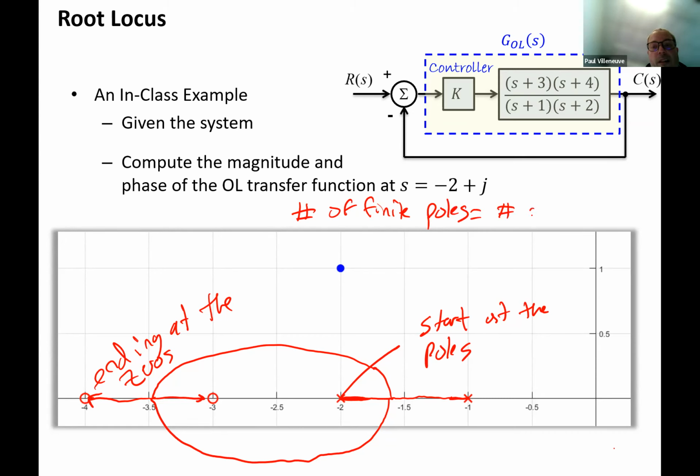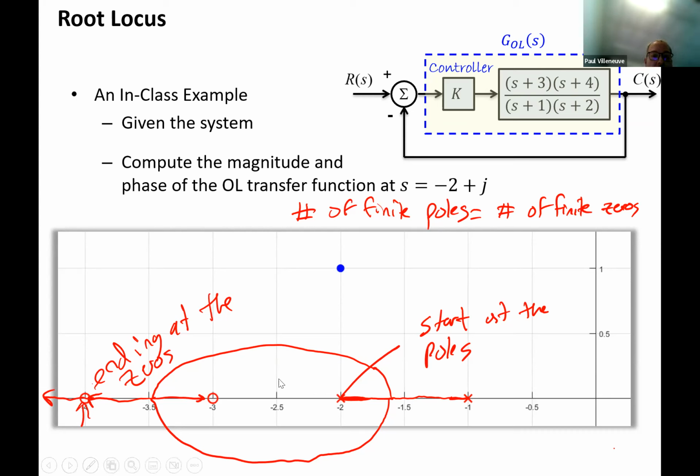So we don't have any infinite poles, which is a good thing because this root locus plot doesn't continue to go on forever. It stops at -4, just like it stops at -3. If for some reason this pole didn't exist, then this would continue forever going out that direction, and it would approach a zero at s equals infinity. Okay, so that is sort of the root locus.